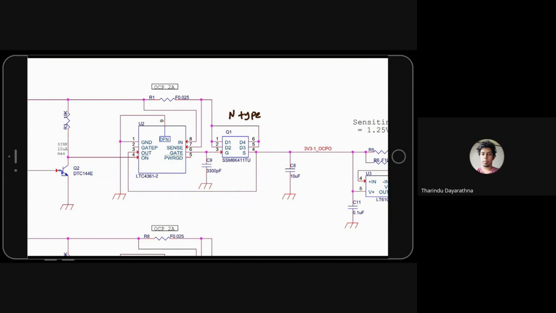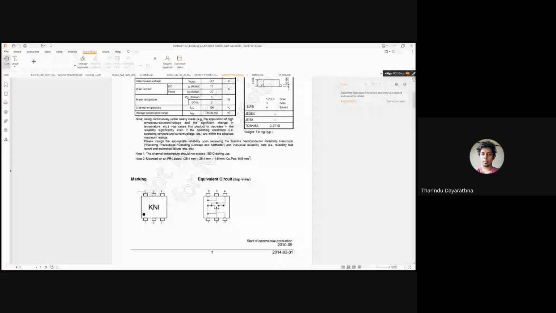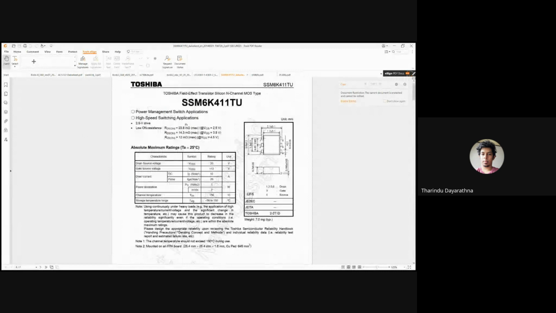Okay, maybe I'll share that screen. Yeah, you can see here, this is the SSM6K14.